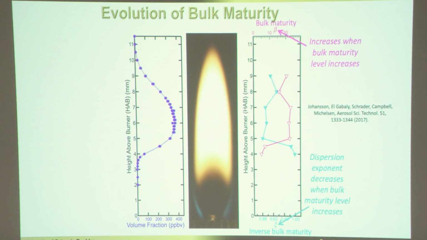So that blue curve is the dispersion exponent. The pink curve you can also get from LII is that beta parameter and the cross-section calculation. I won't go into that right now. We'll talk about that later. But they're anti-correlated, and they both tell you about the soot maturity. But remember, dispersion exponent goes down as maturity goes up.